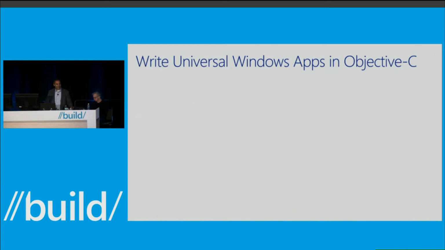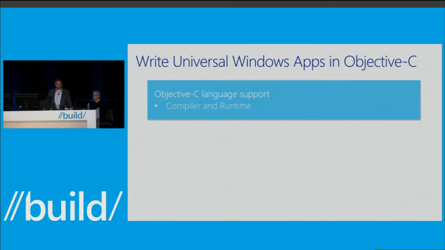When you make a statement like that, like, we're going to support a new language, that's a broad statement. It really means somewhere between 3 and 4 things, depending on how you're counting. First off, you need a compiler, something that can actually understand the language.